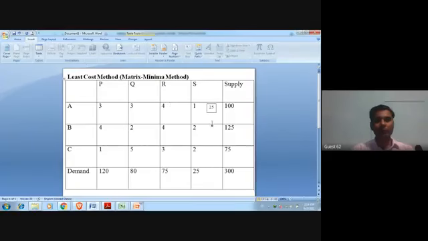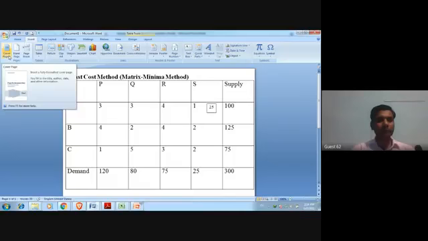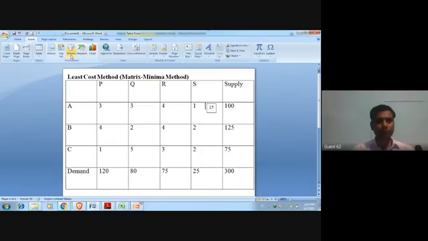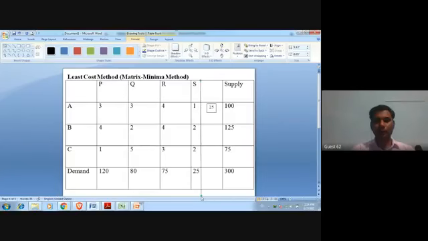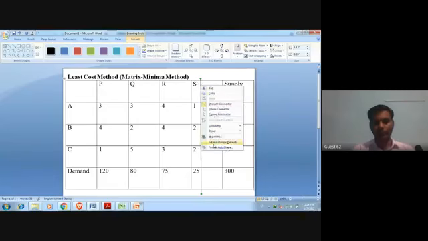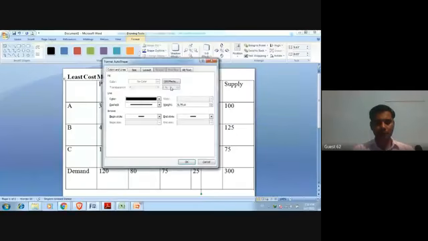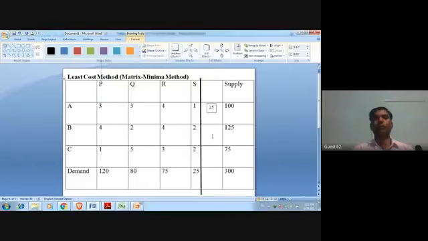So I draw a line vertically from the warehouse S. I have drawn a line from the warehouse S. So the demand of warehouse S is exhausted now.